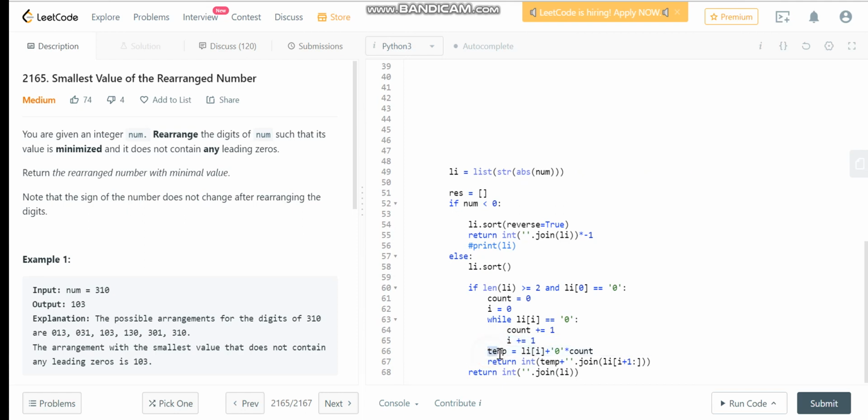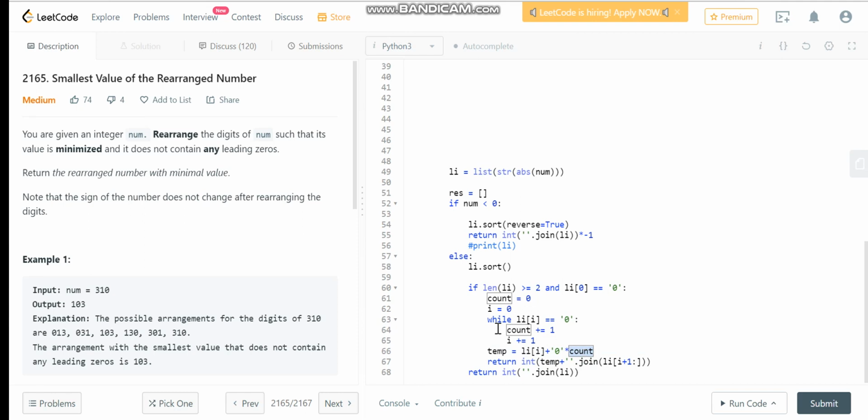Now the final answer, temp, will be equal to the list of i. List of i means the first greater digit after 0 that occurs in that list, plus the zeros.